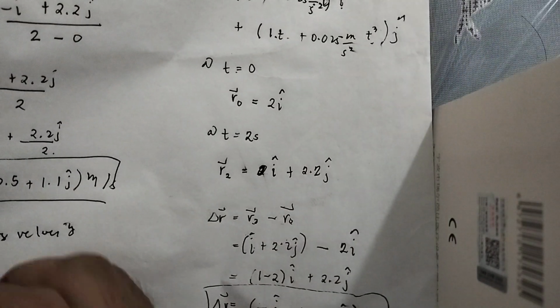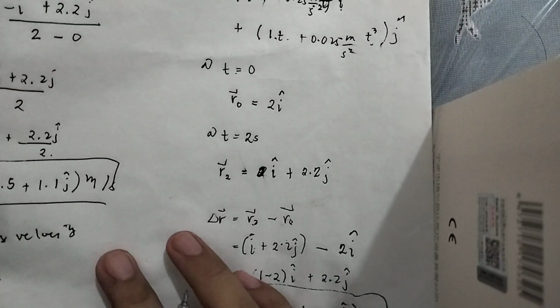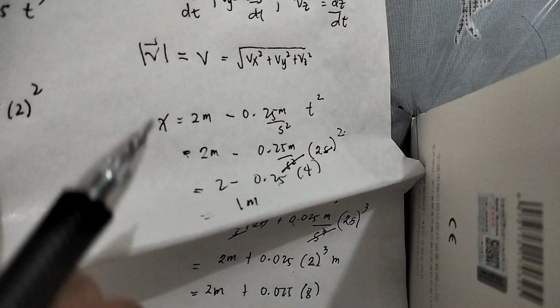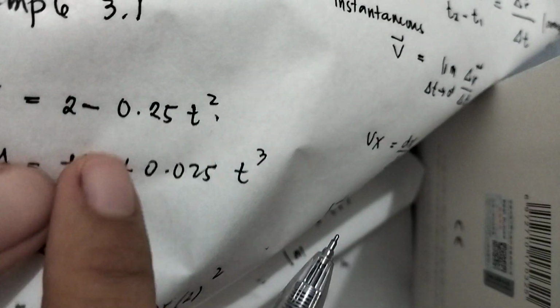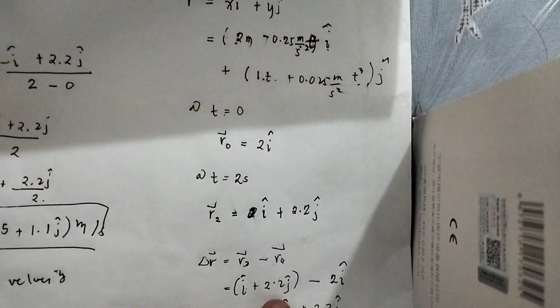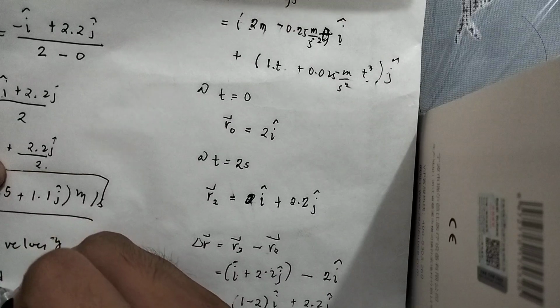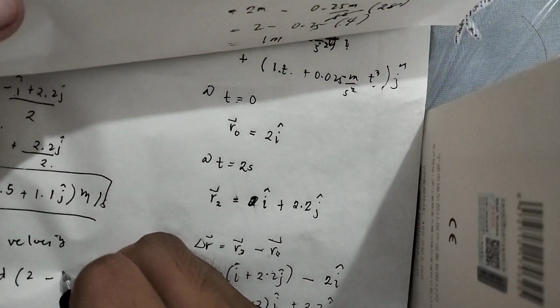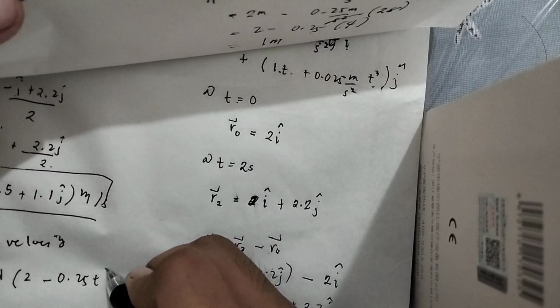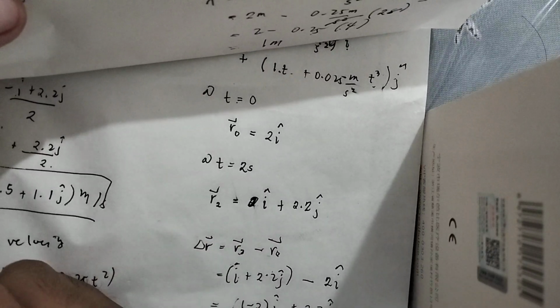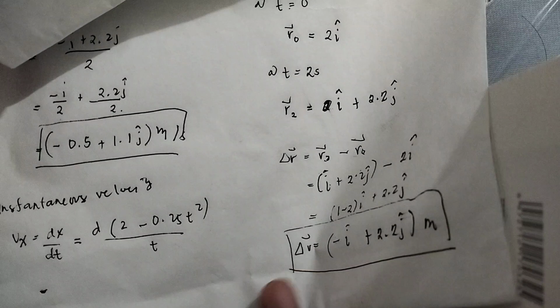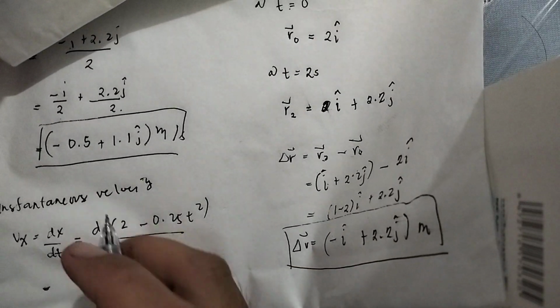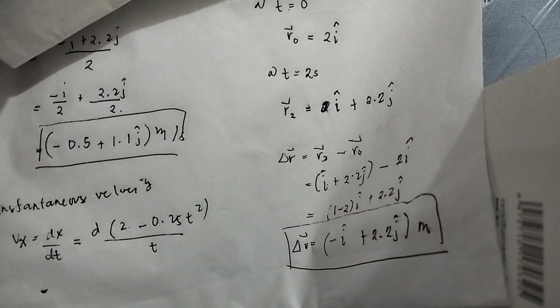Earlier we were given the function 2 minus 0.25 t squared. So, the derivative of 2 minus 0.25 t squared over dt. We differentiate, as we said last meeting: the derivative of any constant is 0.